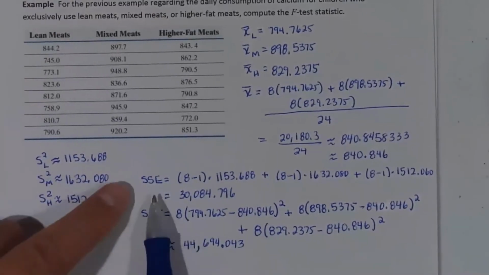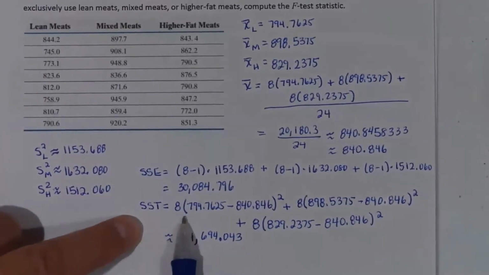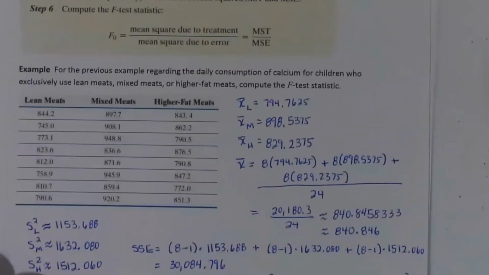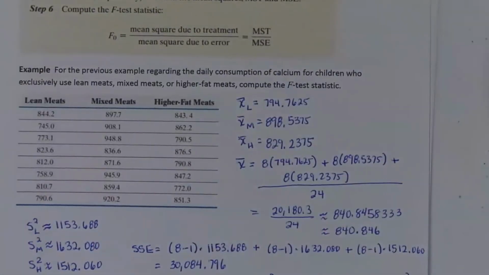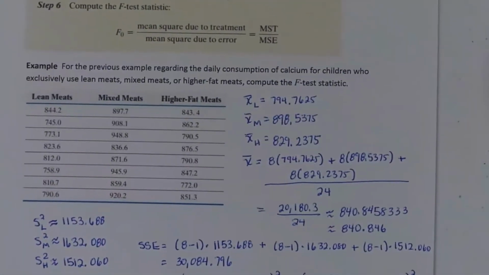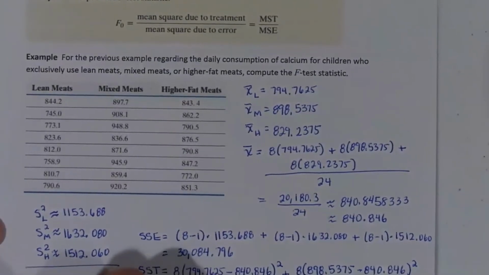So I now have calculated the SSE and the SST. So I'm going to divide each of those by the appropriate degrees of freedom in order to get the MST and the MSE. Over here on the side, I'm going to write down the degrees of freedom due to error.